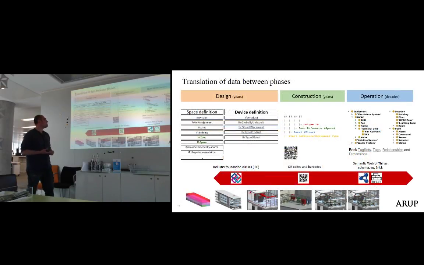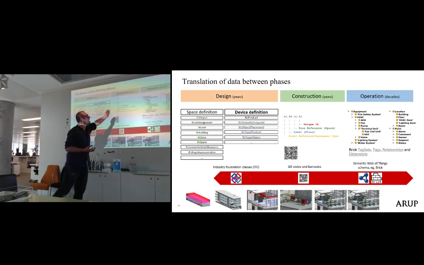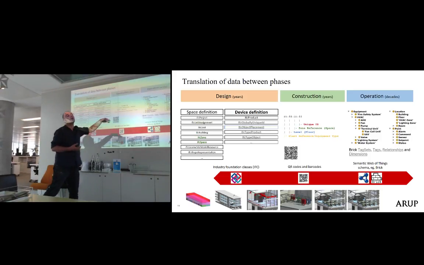So next one. This is a simple example of attempting to move from a BIM model to labeling to operational models. It doesn't mean it is exact, but it is an example of what needs to happen. There are objects that already standardize unique identification that can pass through construction and then be injected into the names of objects inside operation.